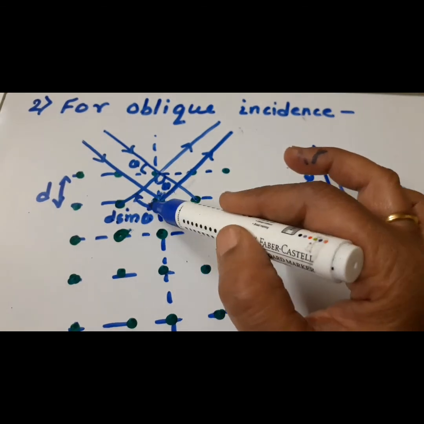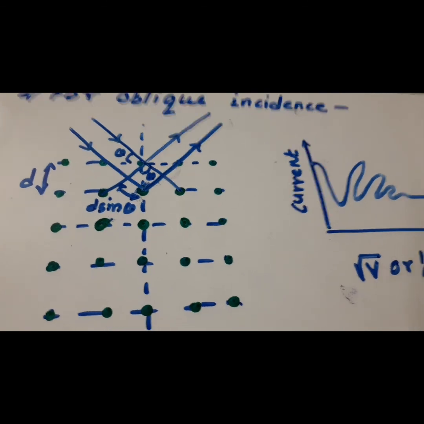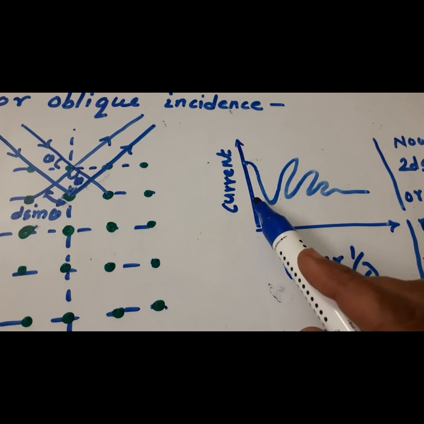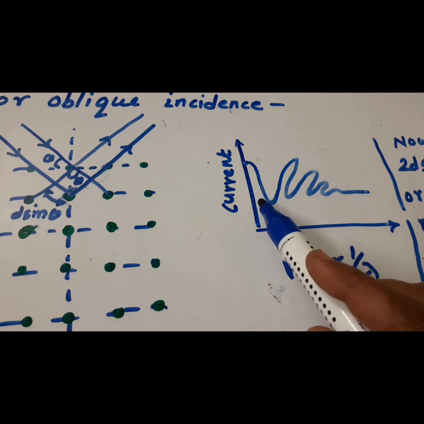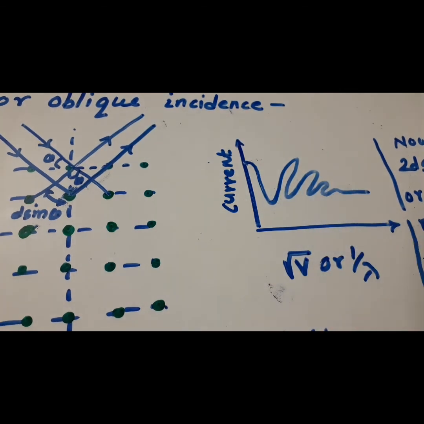Now this is d sine theta, and this one is the graph. On the x-axis there is root of voltage V or 1 by lambda, and on the y-axis there is the current. If we observe this graph, then it is in a diminishing manner.